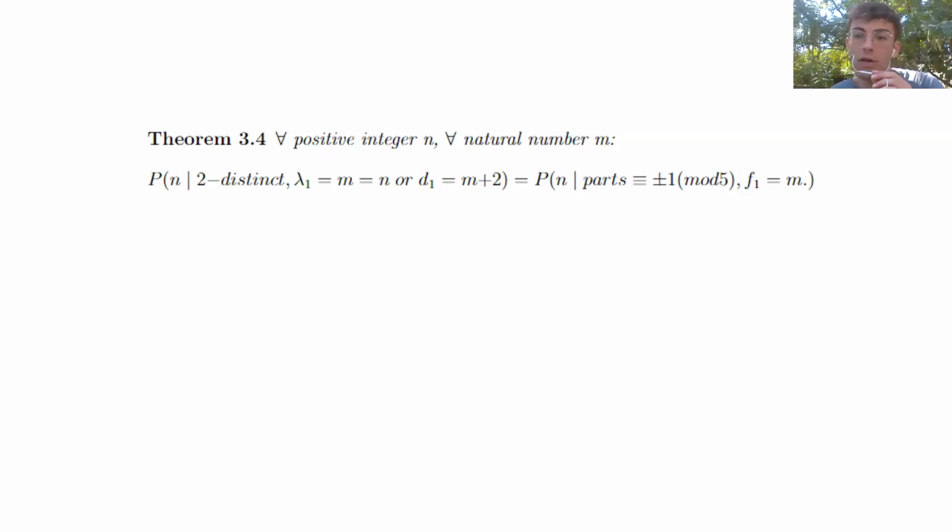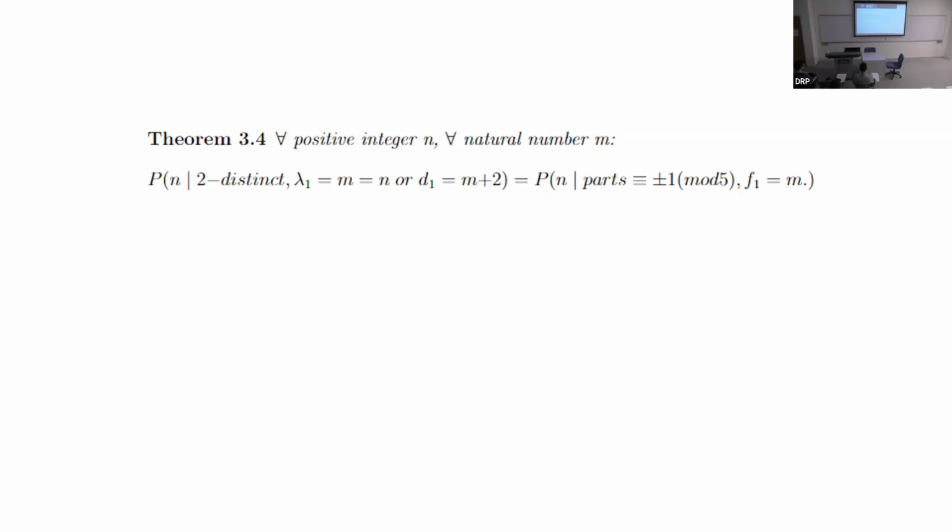Just choose a natural number m, and this equation holds. The number of 2-distinct partitions with lambda 1 equal to m, or d1 equal to m plus 2, is equal to the number of partitions of n whose parts are congruent to plus or minus 1 modulo 5 and f1 is m.